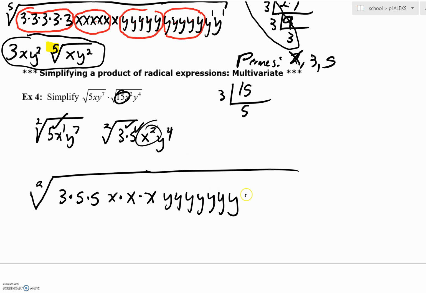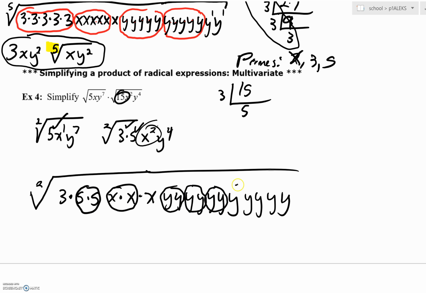And then I've got 4 y's. 1, 2, 3, 4. Wow, you put those all together, and then you just break it down like you have been. But now we're looking for groups of 2. So every time you've got 2 of the same thing, circle it. And yeah, there are going to be a lot of things you're going to circle.